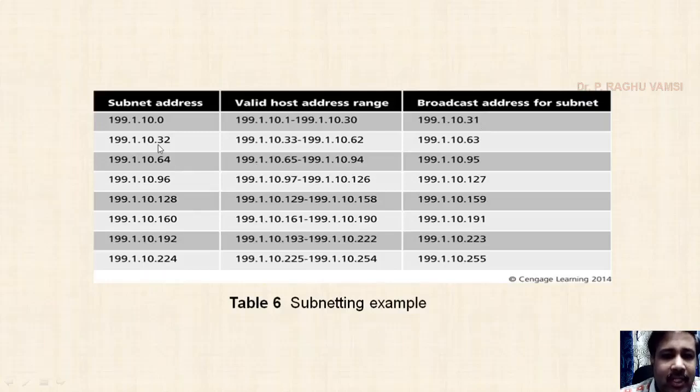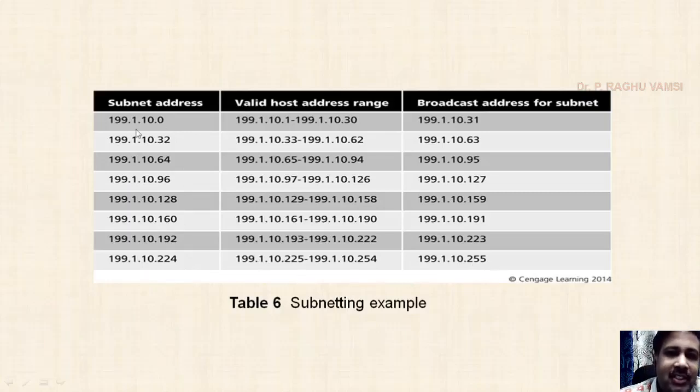And from 32 again up to 62, 63 is the broadcast address. From 64 up to 94, 95 is the broadcast address. 96 to 126, 127 is the broadcast address. Like this, the range will grow up to 224. 224 to 254, and the broadcast address is 255.